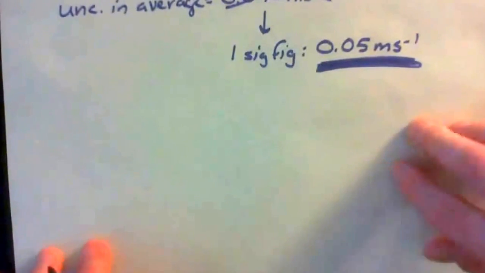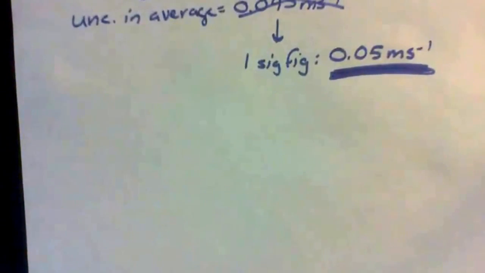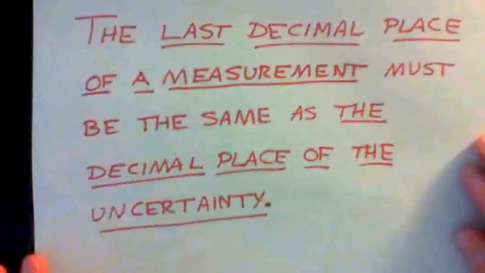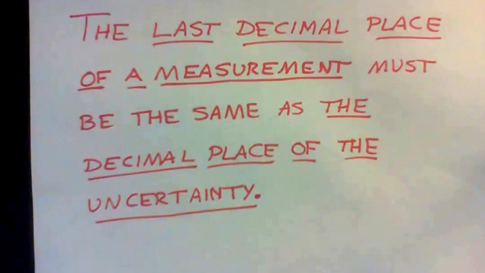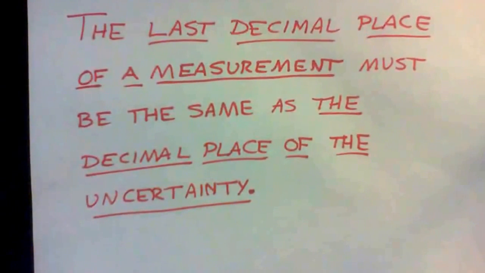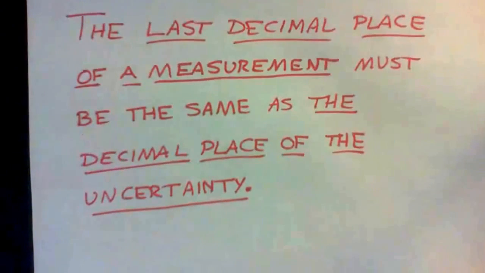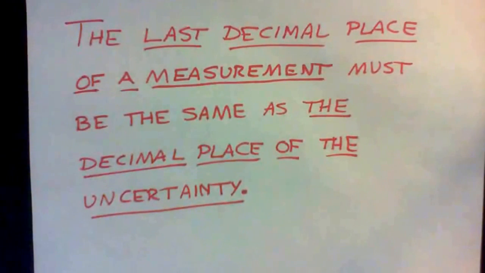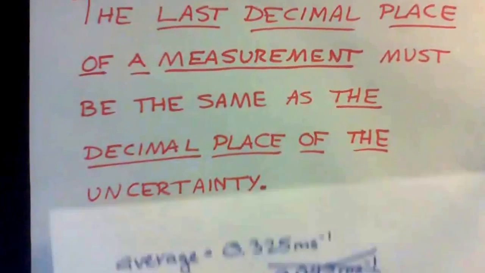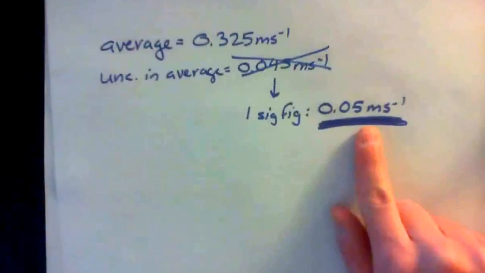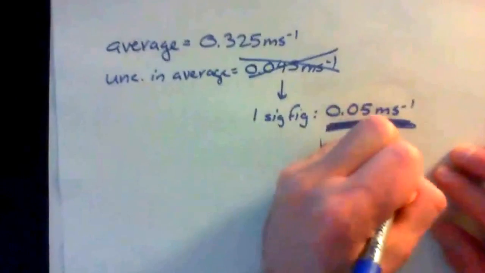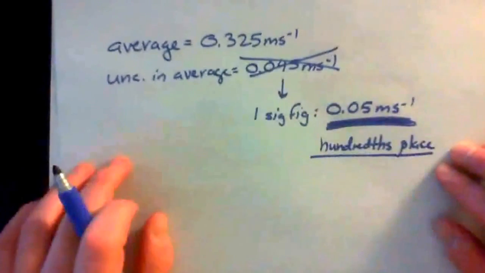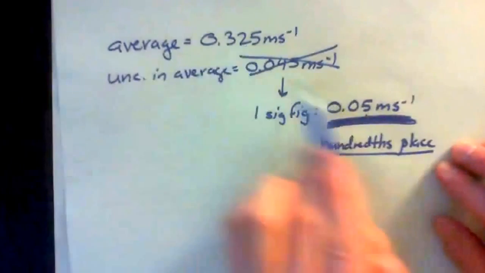But the second big rule is the last decimal place of a measurement must be the same as the decimal place of the uncertainty. So what that means is, let's see, what is the decimal place of our uncertainty? The decimal place of our uncertainty is the hundredths place. We have 0.05. 5 is in the hundredths place. So the last decimal place of our measurement must be the same as the decimal place of the uncertainty.